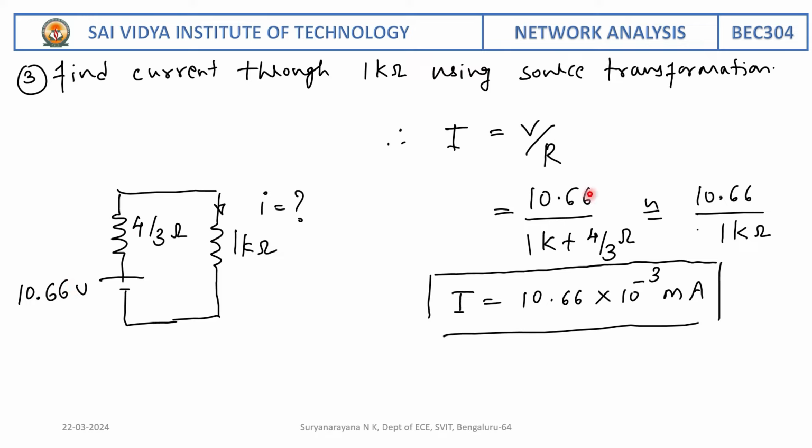So 10.66 volts by 1 kilo ohm in series with 4 by 3 ohm. Compared to 1 kilo ohm, 4 by 3 is negligible. Therefore, this value can be taken as 1 kilo ohm. Therefore, the current flowing through this resistance, that is 1 kilo ohm, is 10.66 milliamperes.